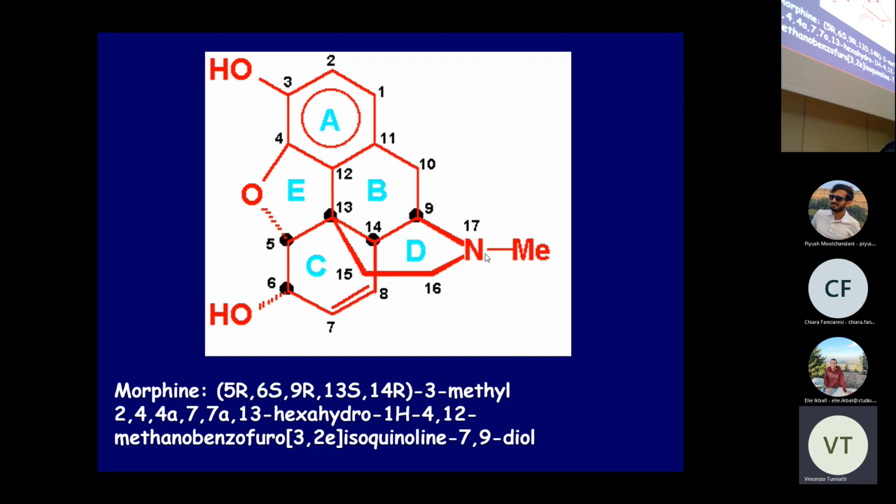D, the basic ring with the basic function. And finally, E ring, the epoxy unit. You see the oxygen, the ether unit. There is an oxygen, you see, as a bridge between ring A and ring C.